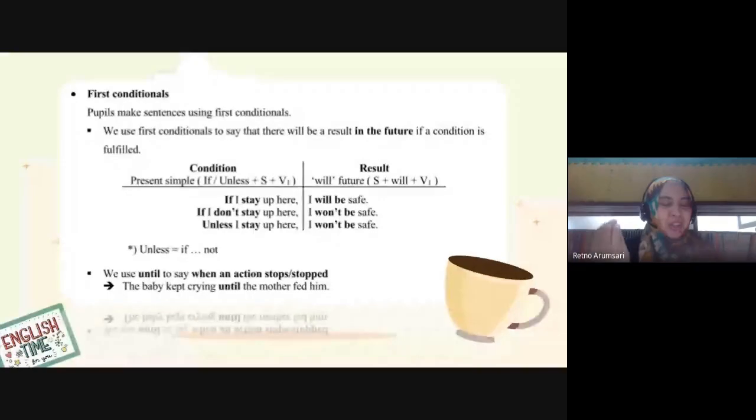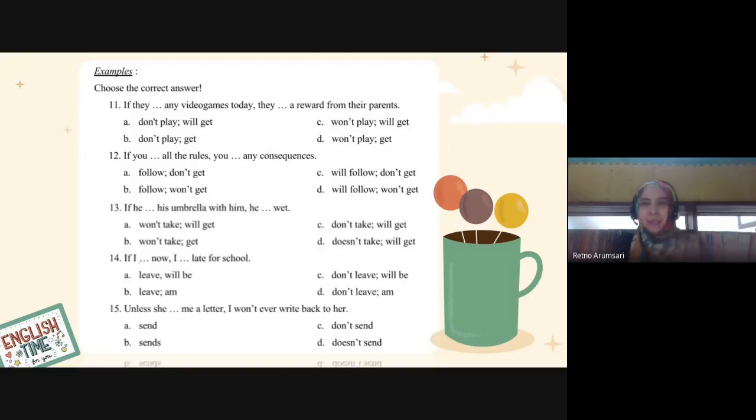Confusing, yeah? So to make it short, the condition does not support the result if you use unless. Okay? And until is to say when an action stops or stopped, especially when it was in the past. Okay? Next, Nata, number 11, please.